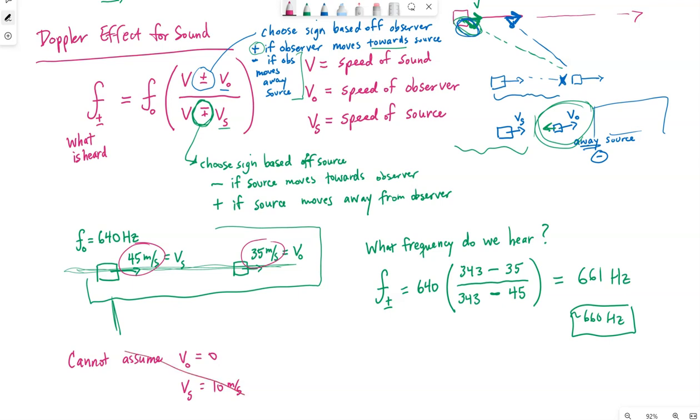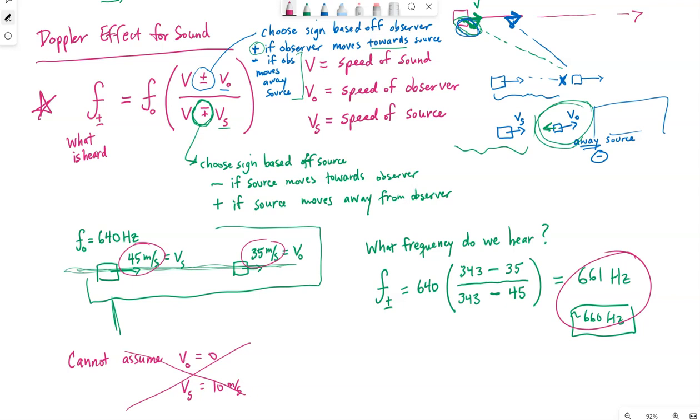We cannot use these values in the Doppler shift equation and come up with the same frequency that we hear. We have to account for the source moving and the observer moving. If they both are, we have to account for them separately, which is what the equation does.